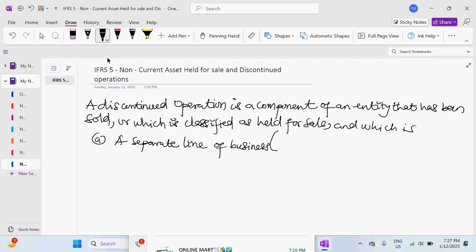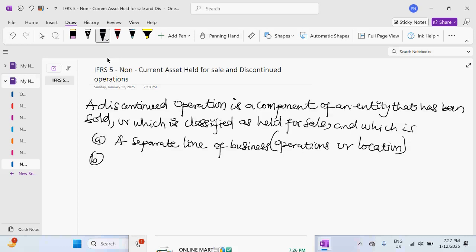So we have separated it. That separate line of business can be in terms of operations, or in terms of location.